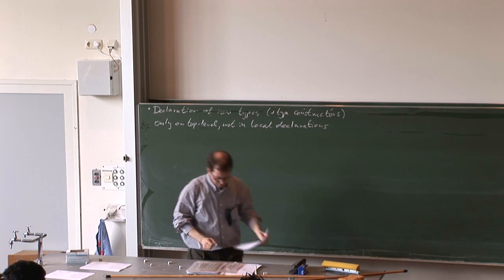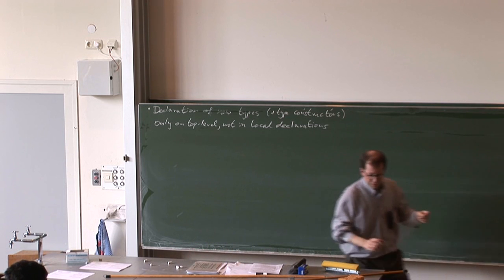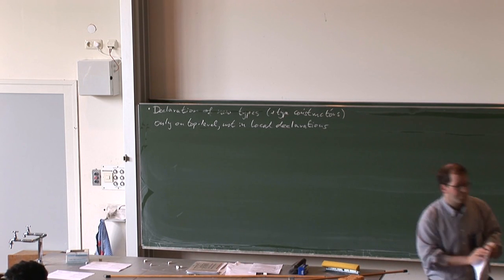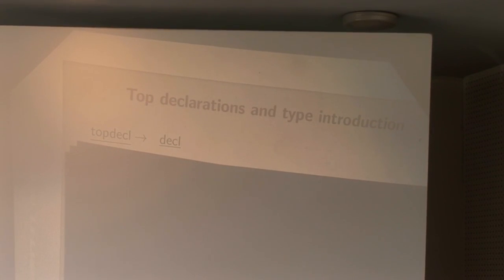To deal with this, we have to modify our grammar a bit. Now a Haskell program is no longer a sequence of arbitrary declarations, but a sequence of top declarations. And every declaration is also a top declaration. So all the declarations that we had up to now, you can also write on top level. But there are some more declarations which you can write on top level, but nowhere else.